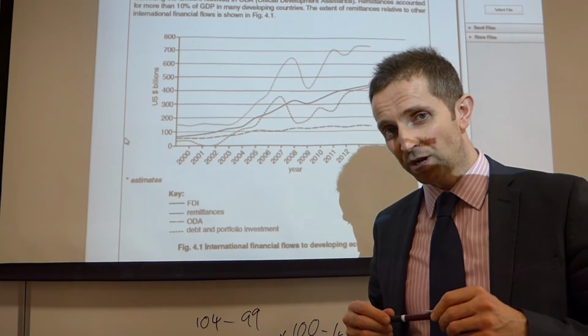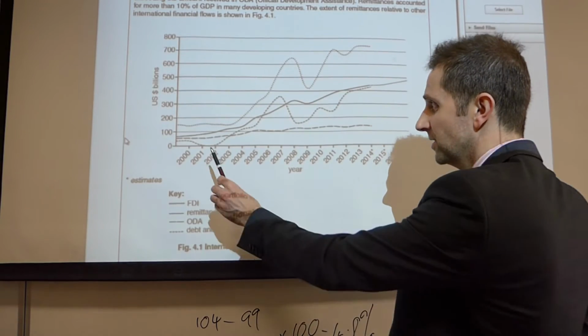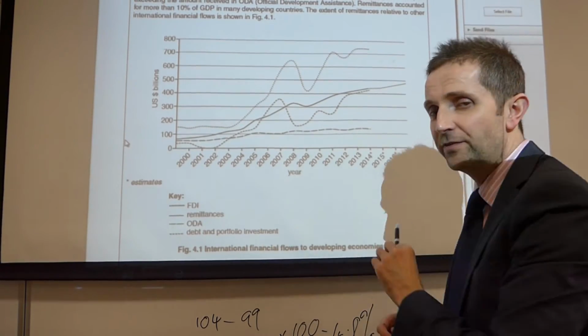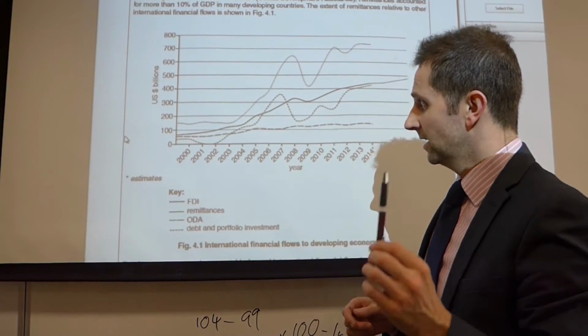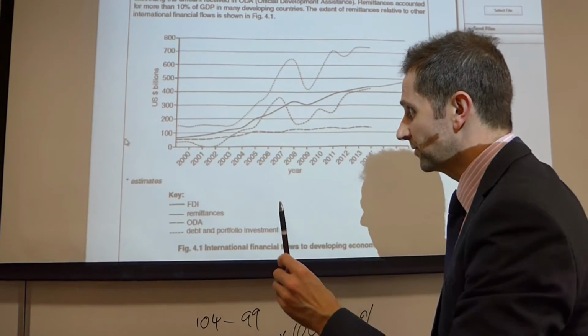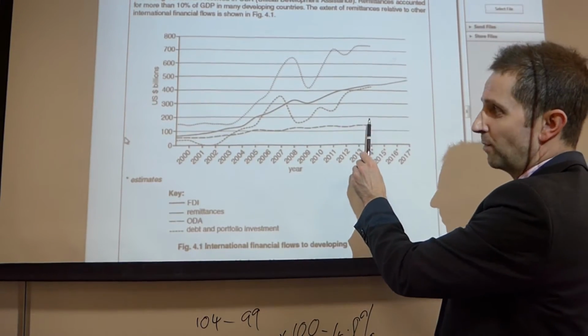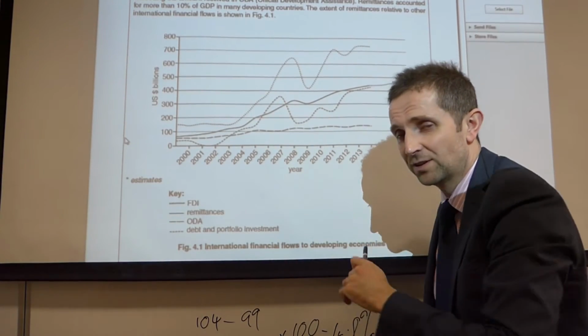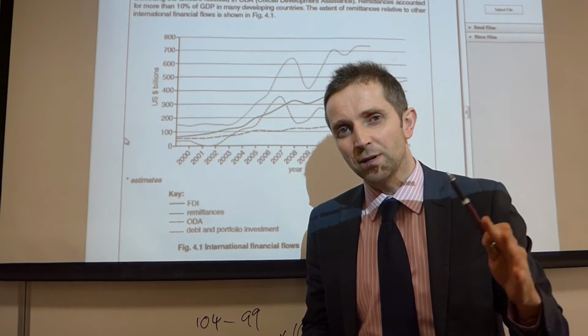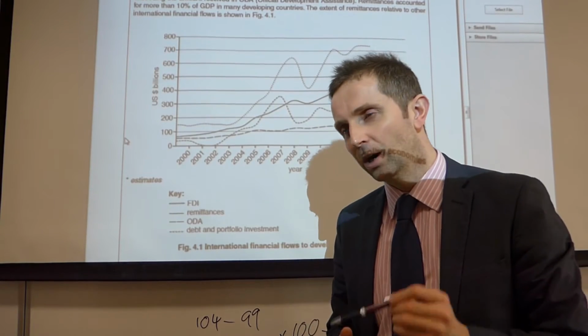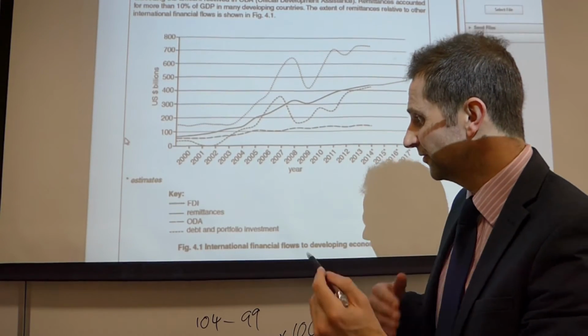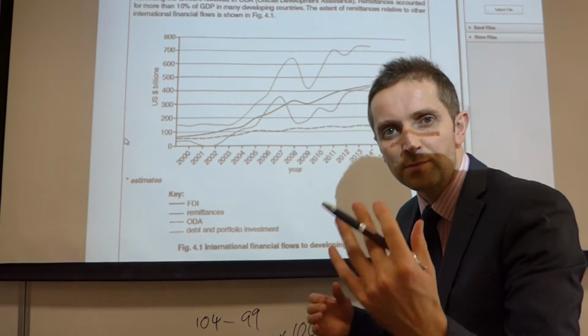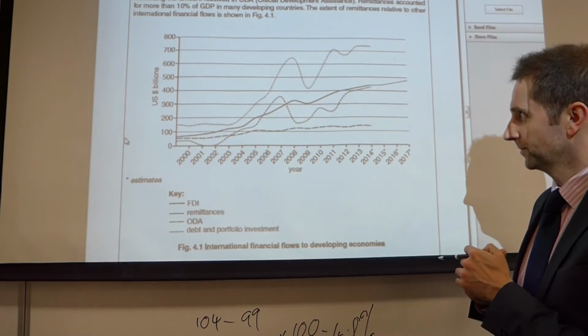And one of the things which has been protected has been this Overseas Development Assistance. But the other interesting point to note from this is look how much smaller it is relative to FDI. Overseas Development Assistance, so government aid, is really such a tiny fraction of funding and financial flows going back to these developing nations.